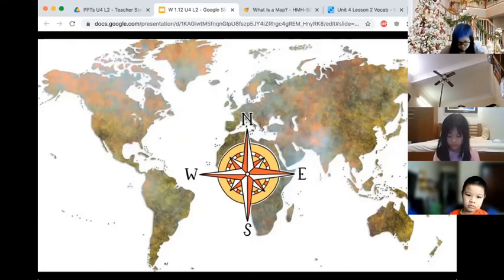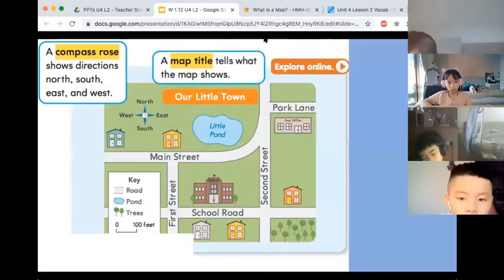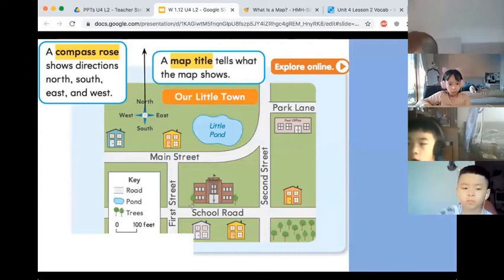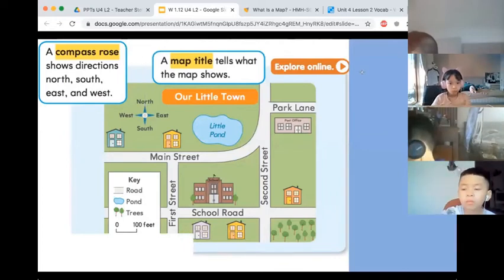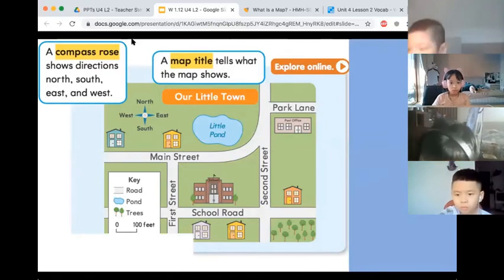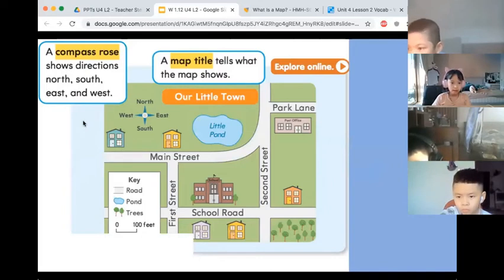Any questions about the compass rose and how it tells us the direction of the map? See here, this means it points to the North Pole, and this points to the South Pole. Next is the map title. Can you please read about the map title? Our little town. That is the map title, but can you read the box that tells us about the map title?